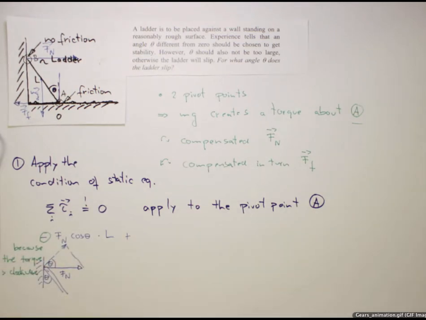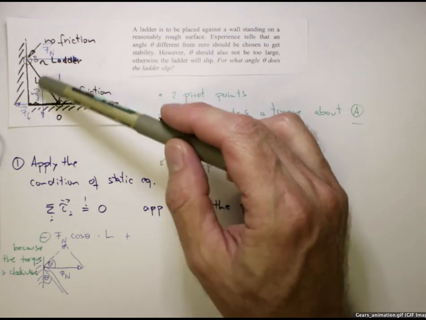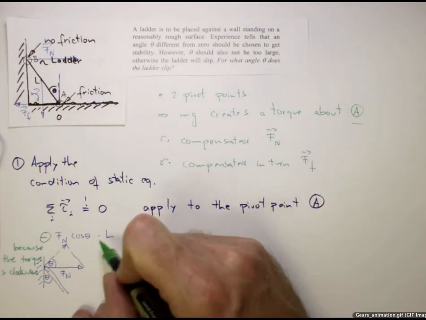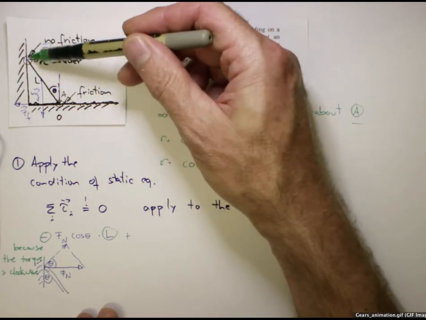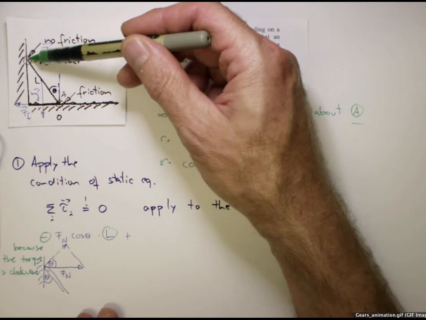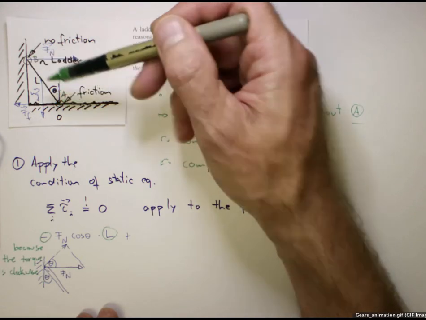Another contribution to the torque is due to the weight mg. I didn't say why I used L. L of course is required because the distance between the point where the normal force attacks and the pivot point A is equal to L.